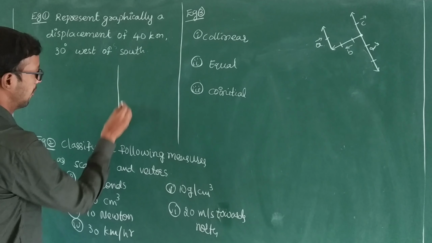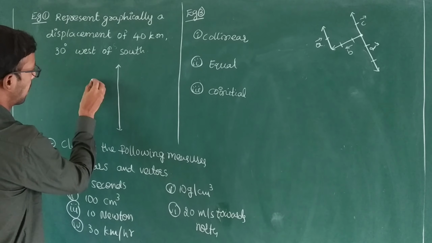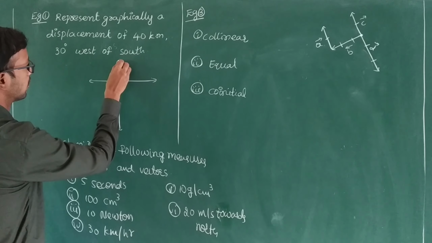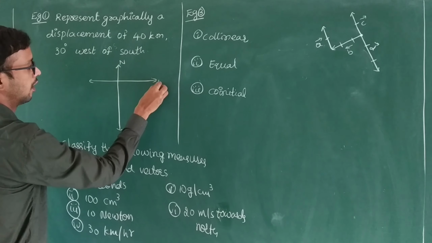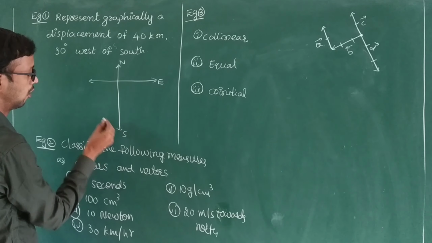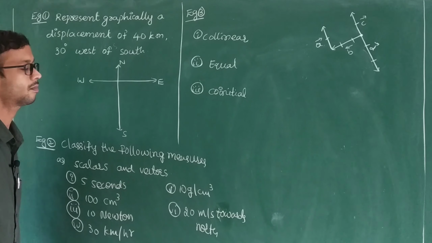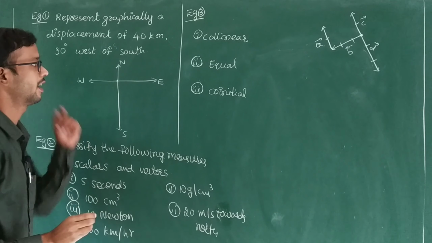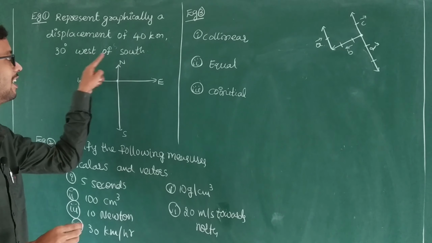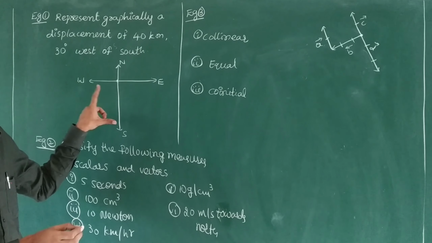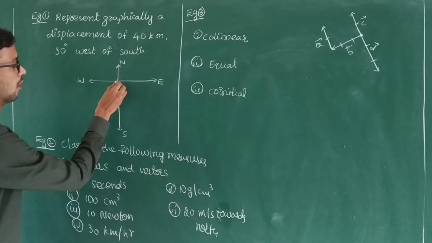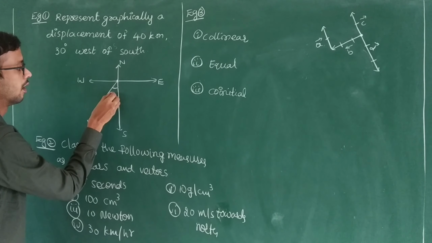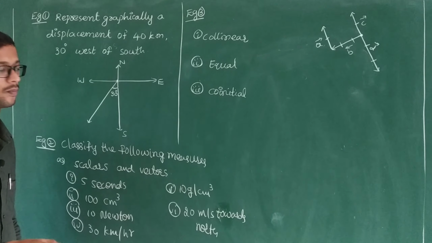So I will take north, east, south, west, northeast, southwest. 40 kilometers, 30 degrees west of south. West of south means you have to draw a line between west and south. This angle is 30 degrees.